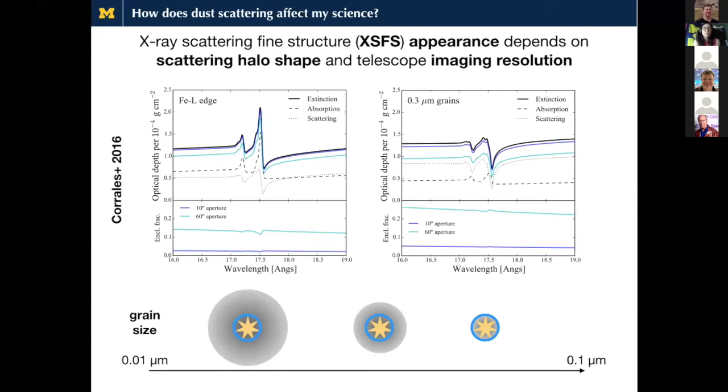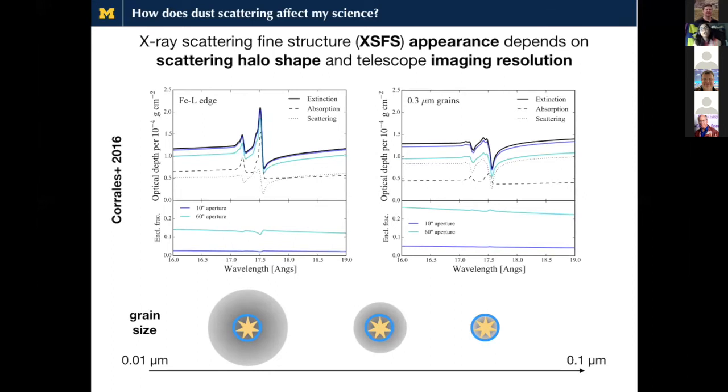That distribution I was talking about earlier that cuts off at 0.3 microns in terms of grain size. And I calculated the dust scattering halo for, I believe, a uniform case. But I use a 10 arcsecond aperture and a 60 arcsecond aperture for my telescope's region size. And you can see there's maybe a 10 or 20% effect.